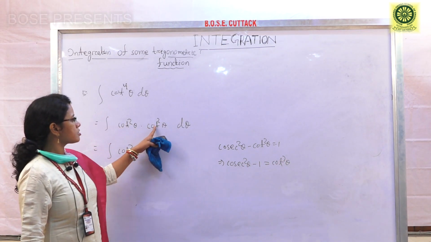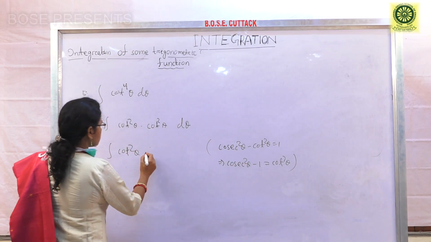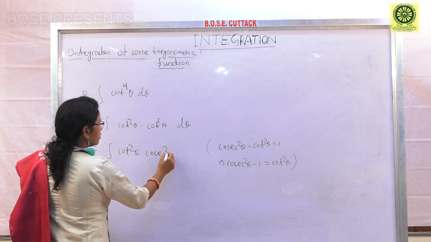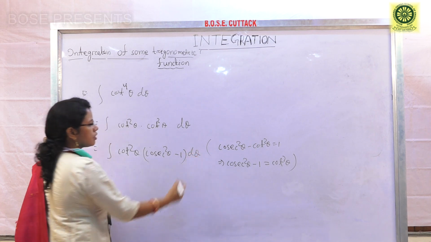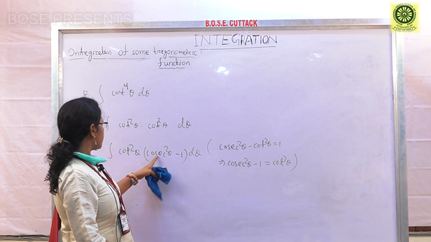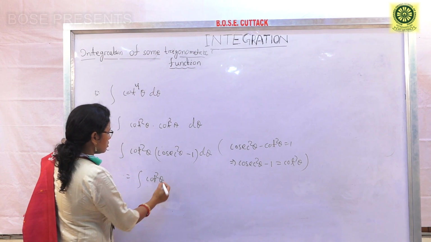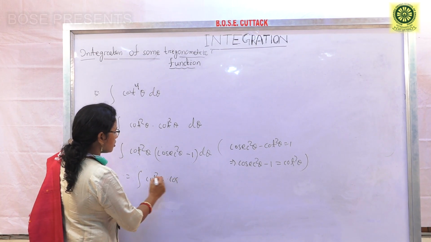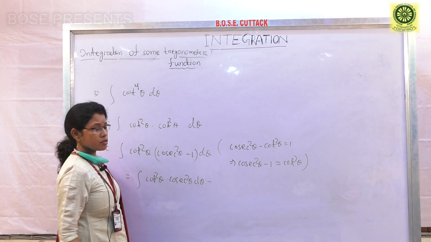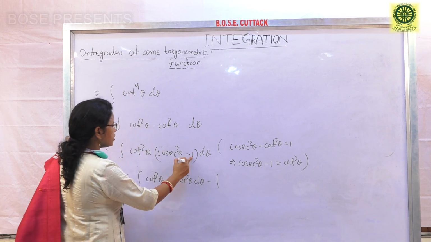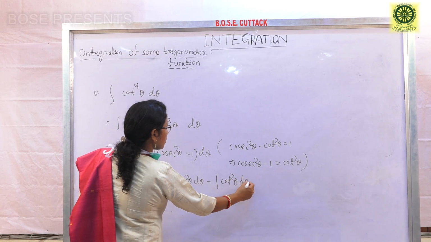So just replace this cot square theta by cosec square theta minus 1, so this will be cot square theta into cosec square theta minus 1 d theta. Now just multiply this. So our next step will be cot square theta cosec square theta d theta minus cot square theta into minus 1 is your cot square theta d theta.